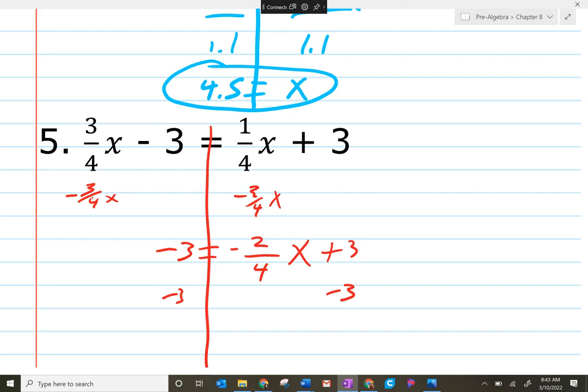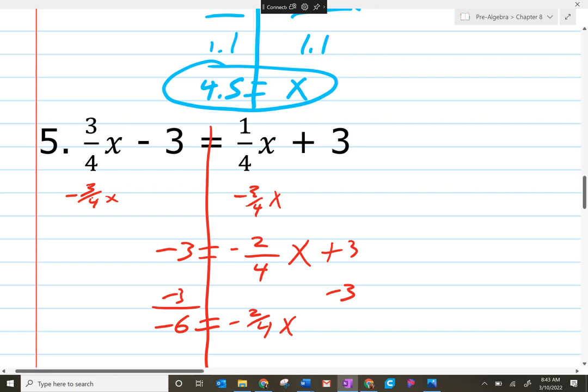Negative 6. I get negative 6 equals, I'm still going to leave it as negative 2/4 because I didn't simplify it. Okay, I got negative 2/4 x equals negative 6.